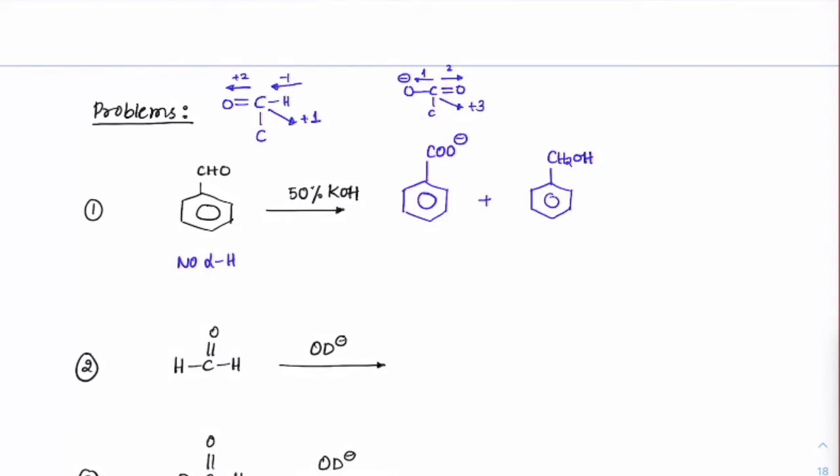So from here to here it has undergone oxidation. Taking 2 moles of it, see the oxidation state here, we have carbon, hydrogen, OH with the other carbon. It is gaining 1 electron from here, 1 from here, losing 1 here. So overall it is -1. So you can see +1 to -1 is reduction, +1 to +3 is oxidation. So it is a disproportionation reaction which you will observe.